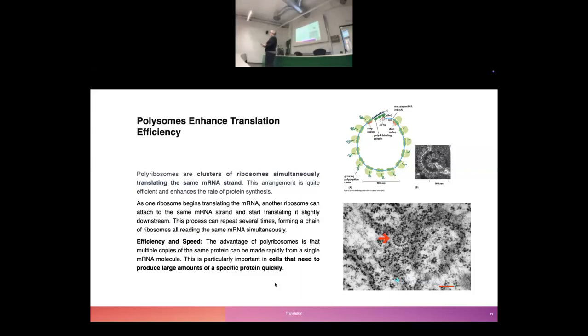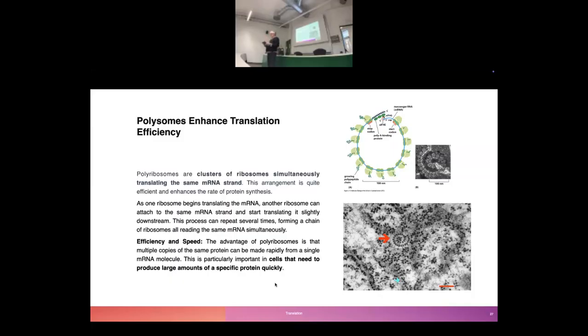And you can see those both as free ribosomes in the cytosol, and sometimes also at the level of the endoplasmic reticulum membrane. So that would increase translation, with respect to the amount of protein that is produced in the same time.